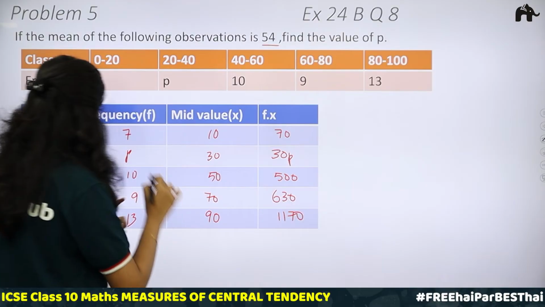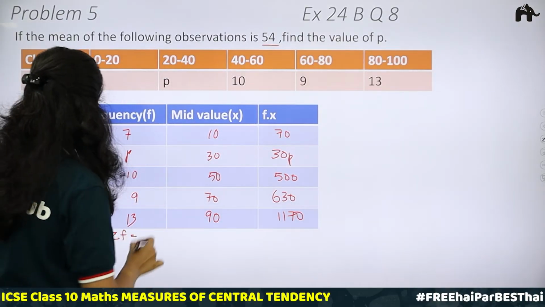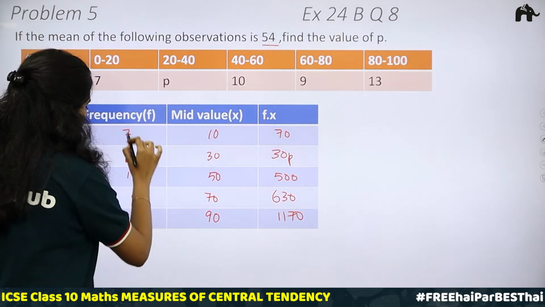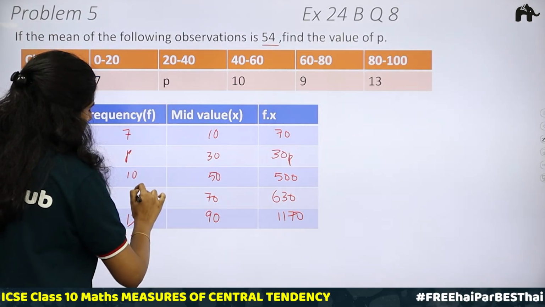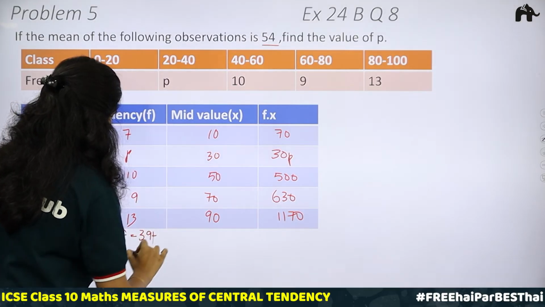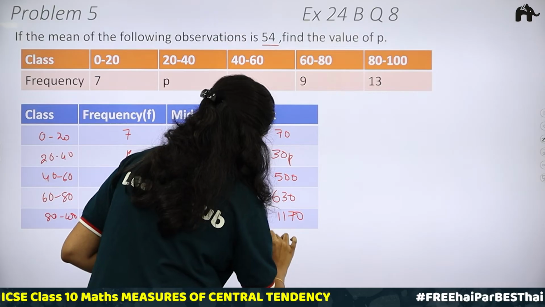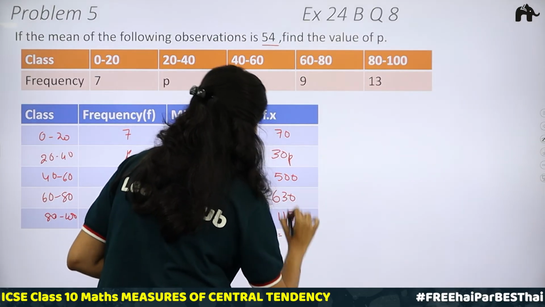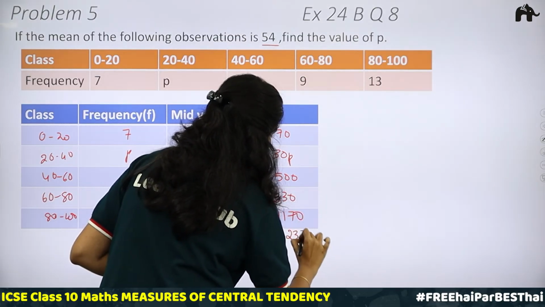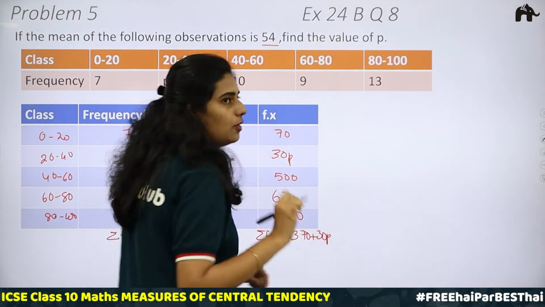Now find summation F. Sigma F is equal to 7 plus 10, 17 plus 9, 26. 26 plus 13 is 39. 39 plus P. Sigma Fx, when you add this, you will be getting 2370 plus 30p. How to find mean?